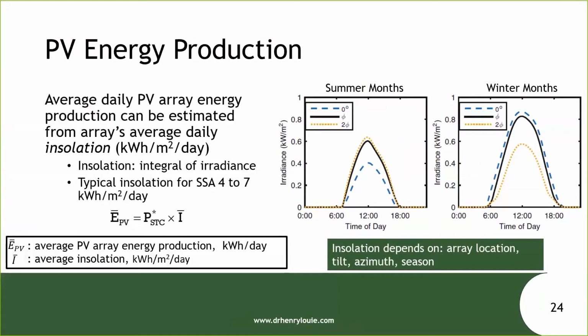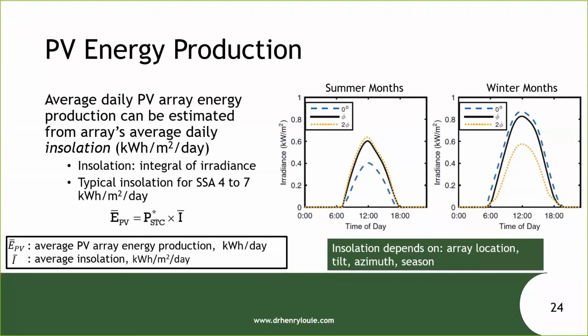So you can see that if you tilt your PV array at its latitude, so you just look at the latitude of the location and tilt it at that value, it will provide the most consistent power production throughout the year. It's going to underproduce a little bit in the summer and winter, but it's overall better than keeping it flat or tilting it up at a higher value than its latitude. So that's a good rule of thumb.